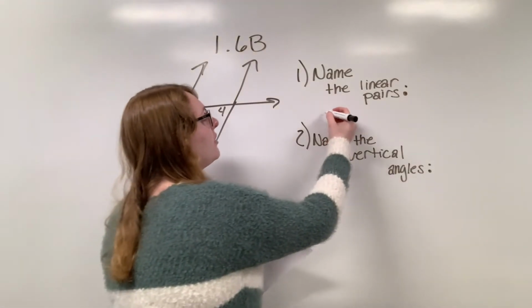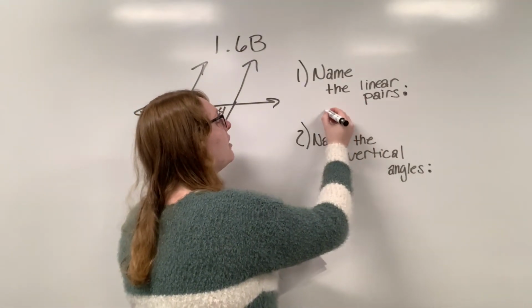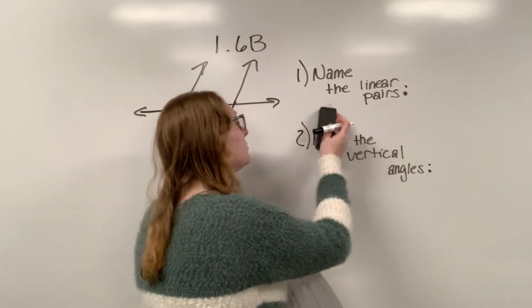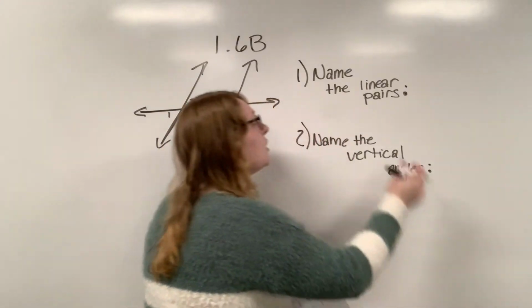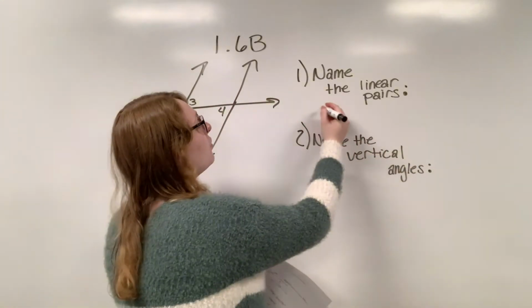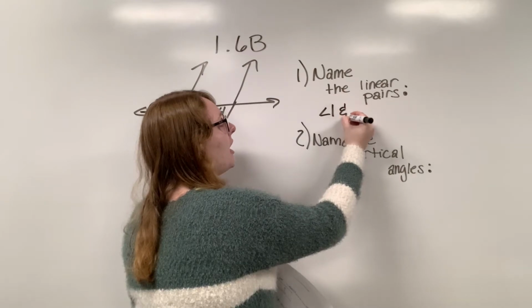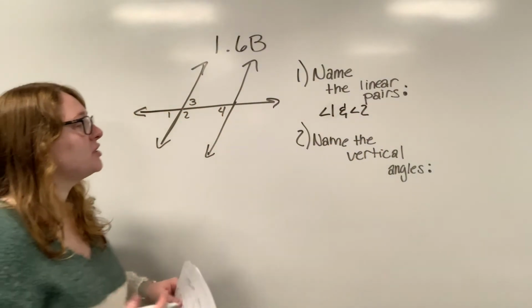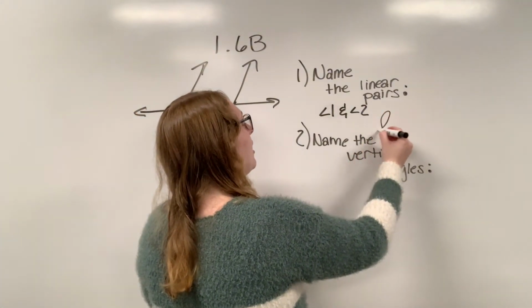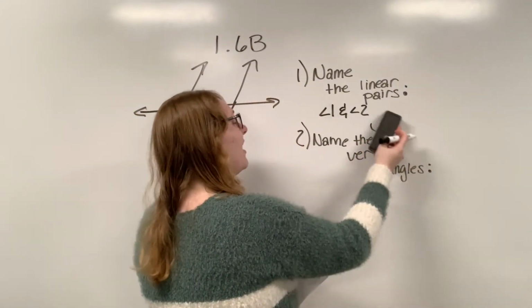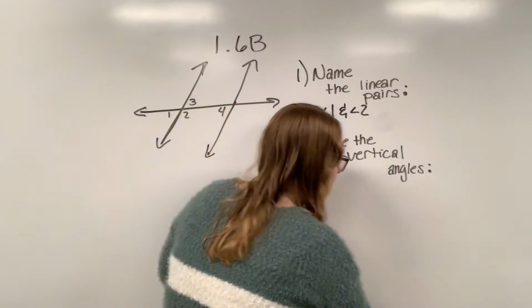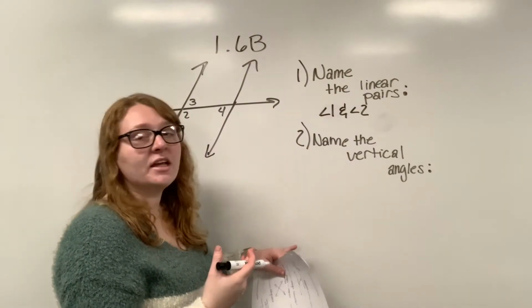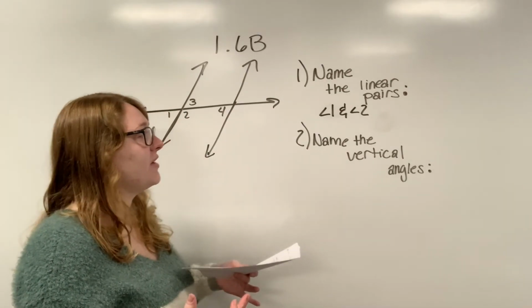So one linear pair would be angle 1 and angle 2. Okay, this symbol is just an ampersand. It just means and. You can write the word and if you want to use the word and, that's fine too.